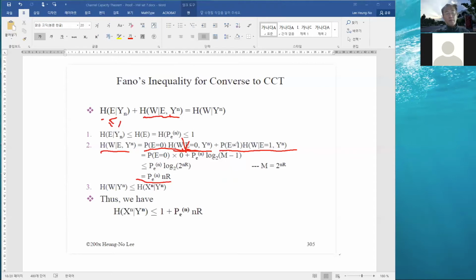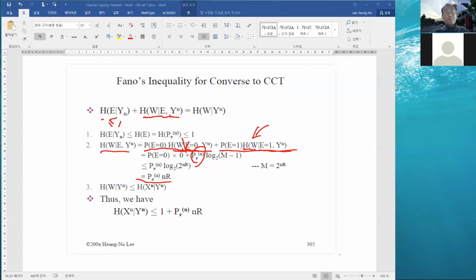For the second term, by the definition of random variable E, the probability that E is equal to 1 is PE. This part says error occurred. That means we need to exclude the transmitted index, and the uncertainty is on the rest of the indices except the transmitted index.